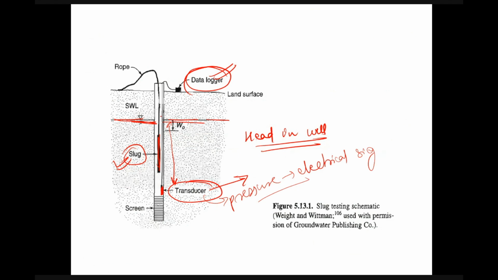So the change of head will cause different pressure changes on this transducer, and that is recorded as an electrical signal in the data logger at the surface. This transducer should be submerged within the water in the well, and it should be kept below the static water level.